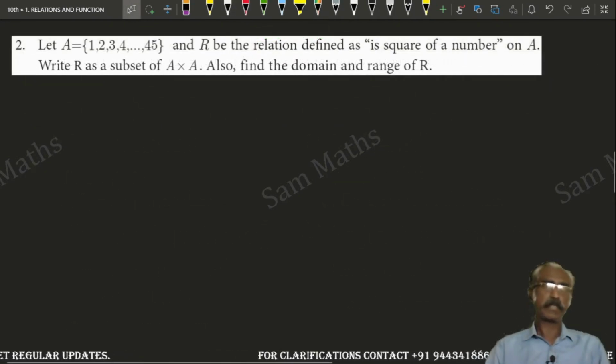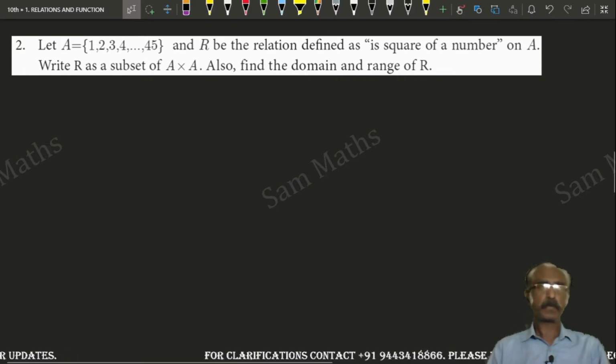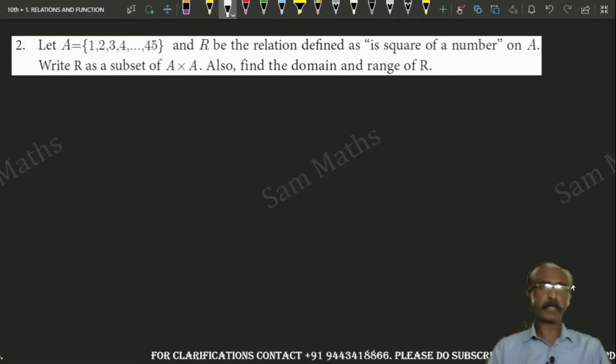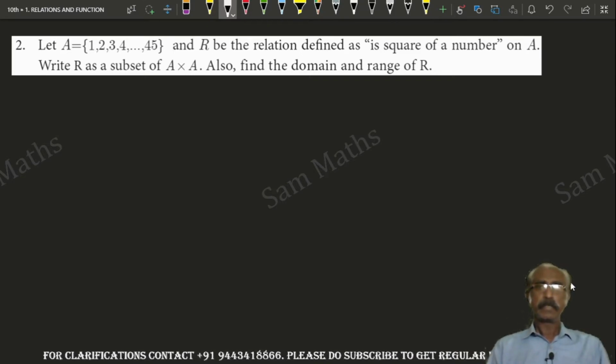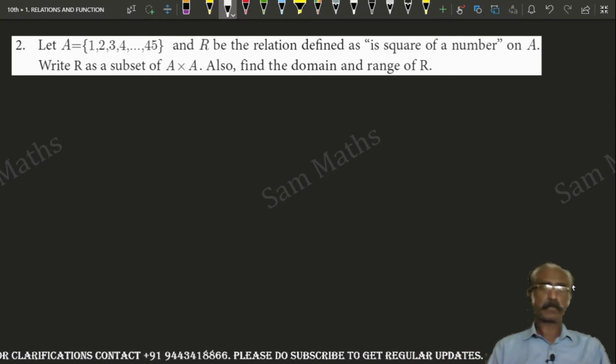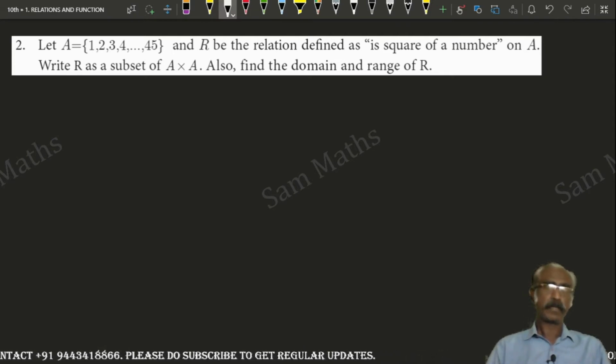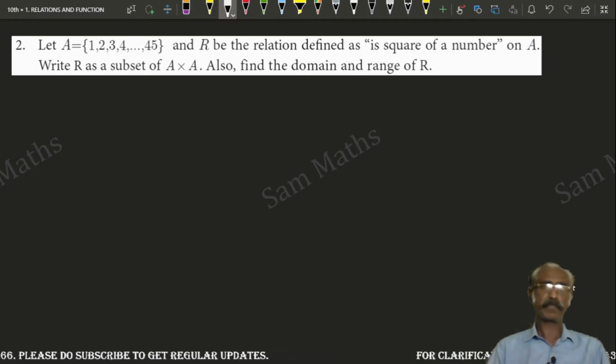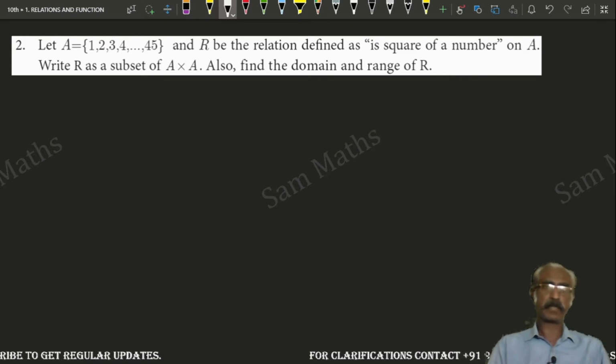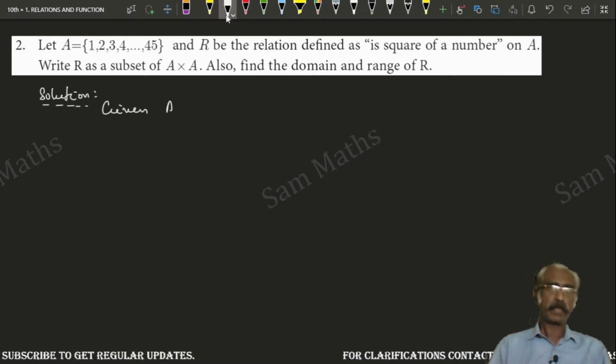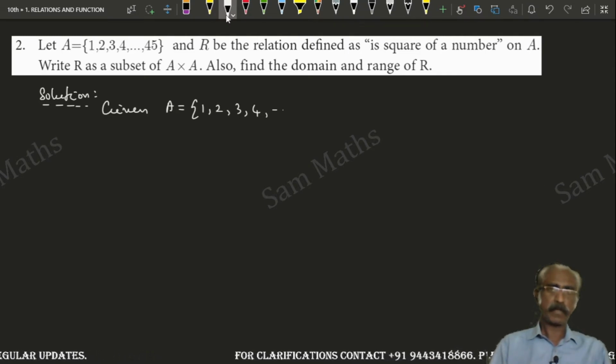Now the second question. A is equal to 1, 2, 3, 4, 5 and R is the relation defined as is the square of a number on A. Write R as a subset of A cross A. Also find the domain and range of R. Given A is equal to 1, 2, 3, 4, 5.